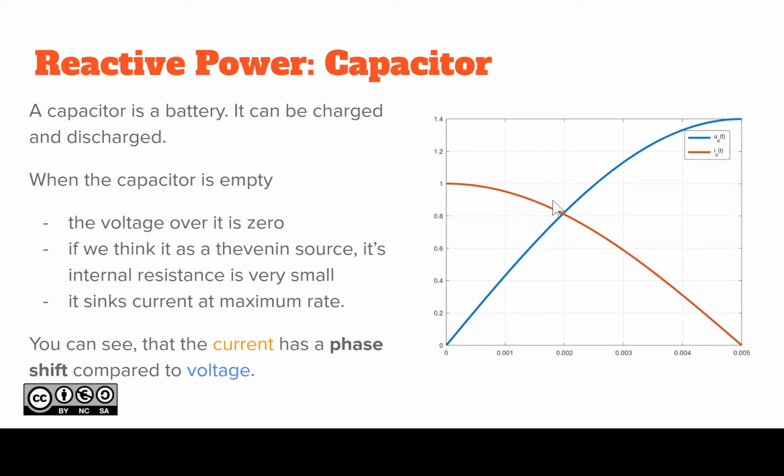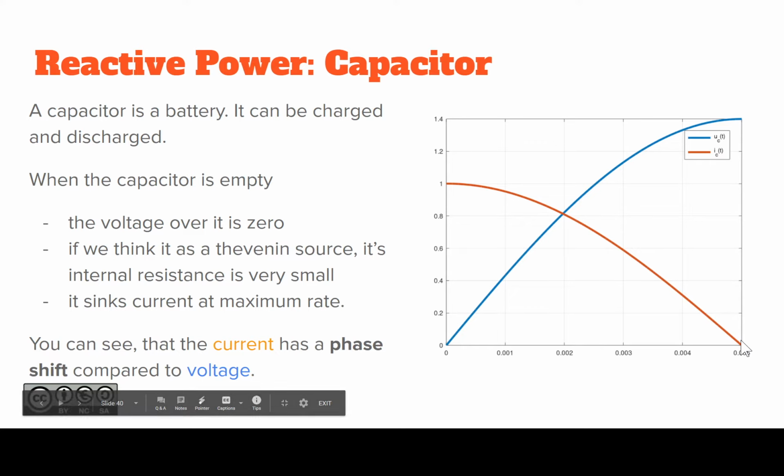And basically then when the voltage on the sinusoid curve peaks here, then the change rate is 0. The voltage doesn't change anymore. So the battery does not take current anymore.